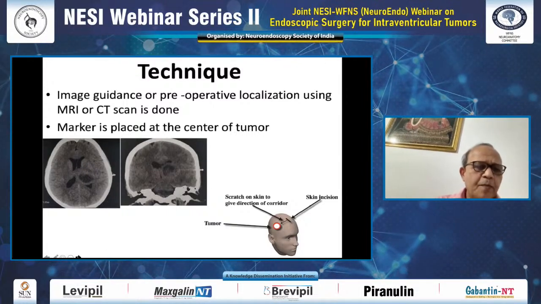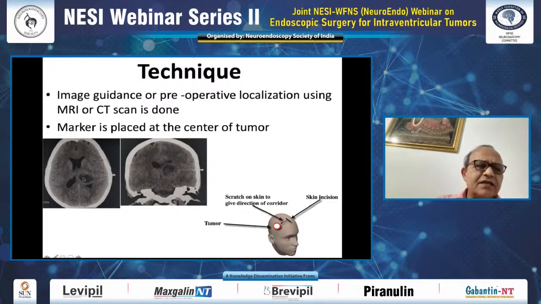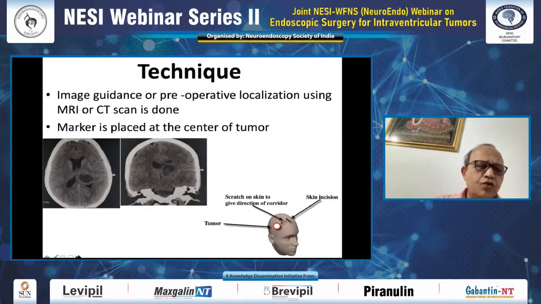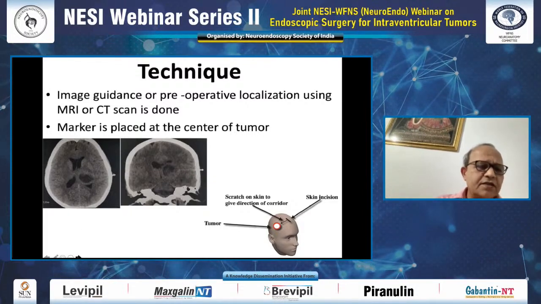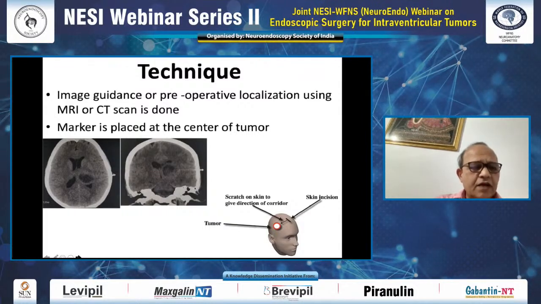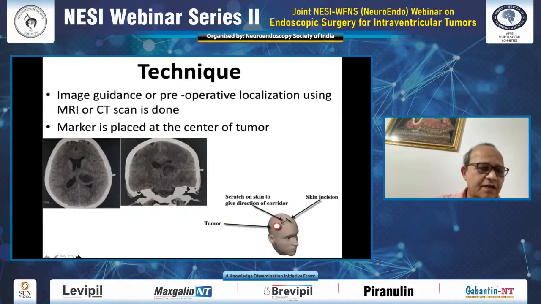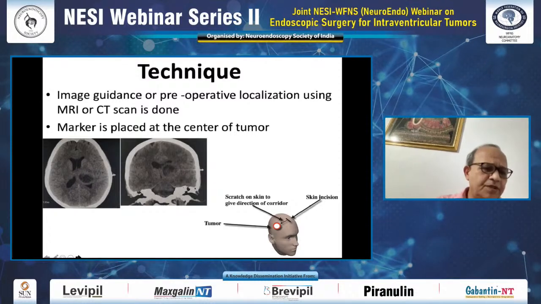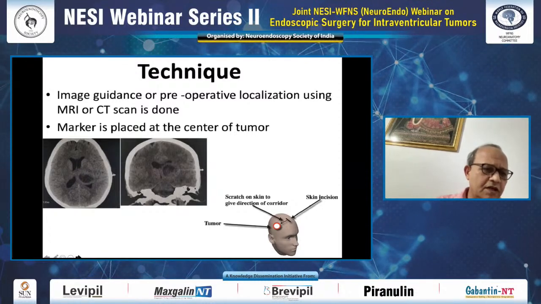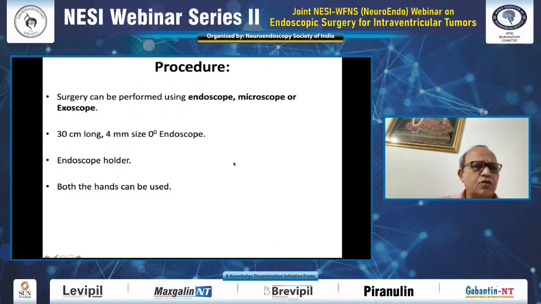Obviously the lesions are larger, therefore in all cases when we did not have the navigation facilities, we were doing the deep-seated tumors and intraventricular lesions regularly using this tubular retractor.